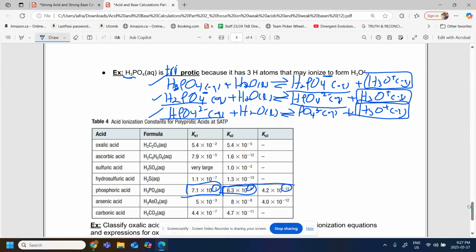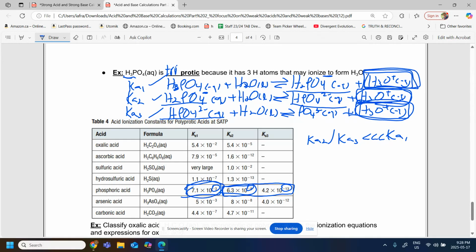Ka2 and Ka3 are both significantly smaller than Ka1. They're so small that the H3O plus from these ionizations is basically insignificant compared to the H3O plus resulting from the first ionization.